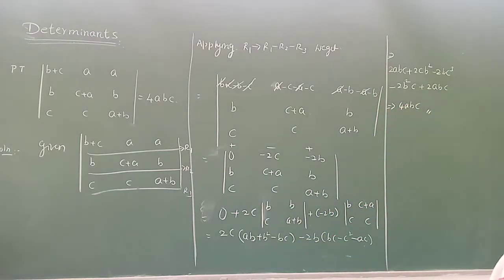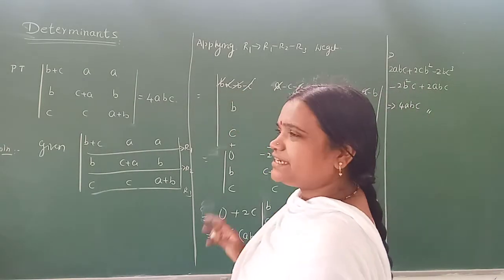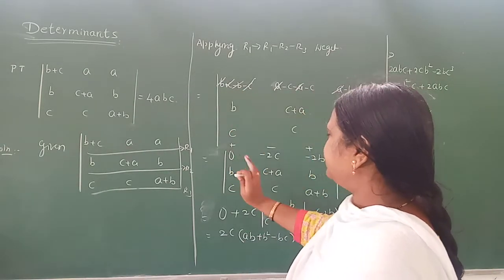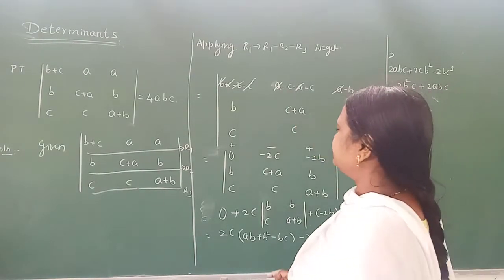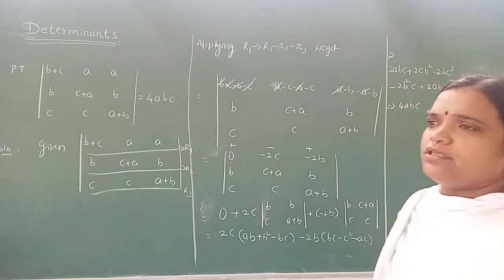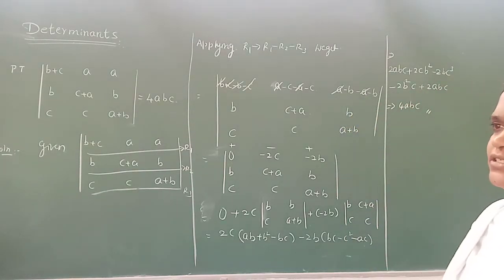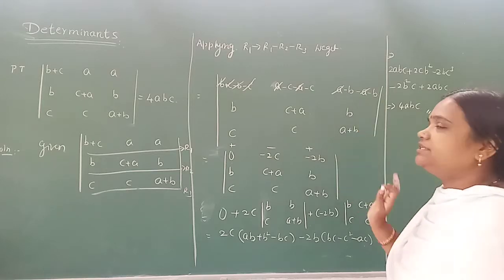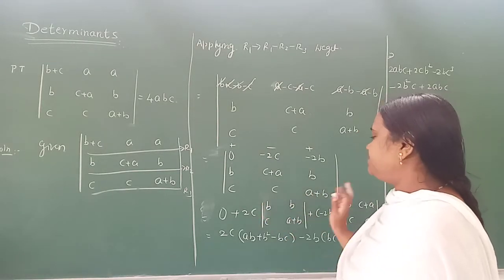So only R1 changes. Therefore plus b minus b get cancelled, plus c minus c get cancelled, 0. Next plus a minus a get cancelled, minus 2c. Next plus a minus a get cancelled, we get minus b minus b, minus 2b. The other rows remain: b, c, a plus b, c, a plus b.